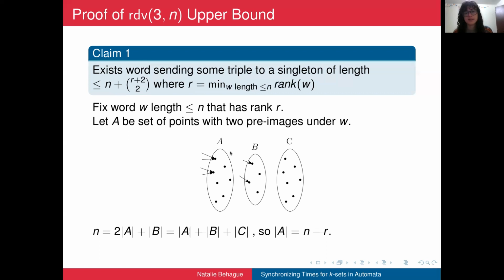Frankl-Pin will tell us that if the size of A is n minus R, then some pair within it gets sent to a singleton in at most R plus 2 choose 2 steps, by a word of length at most R plus 2 choose 2.